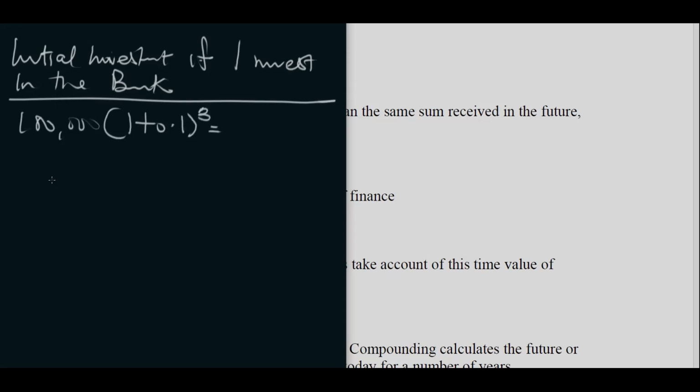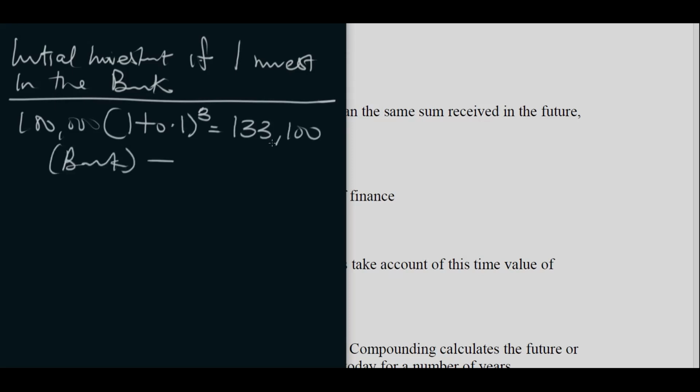Let's see. So 100,000 will grow by 1.1 raised to the power 3. And that gives me only 133,100. This is what the bank will give me, right?